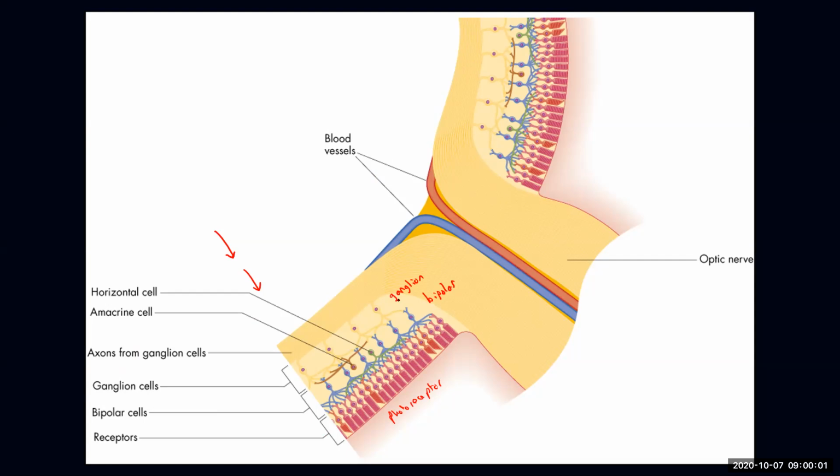I'm going to use shorthand and just call them ganglion cells because it's obvious we're talking about the retina. But properly, make sure you use retinal ganglion cells. These retinal ganglion cells will then send axons to the brain. All of those are going to bundle together and form the optic nerve. You'll also notice in this bundle we have blood vessels coming in. So the retina is actually a vascular tissue. You need to feed it or it will die.